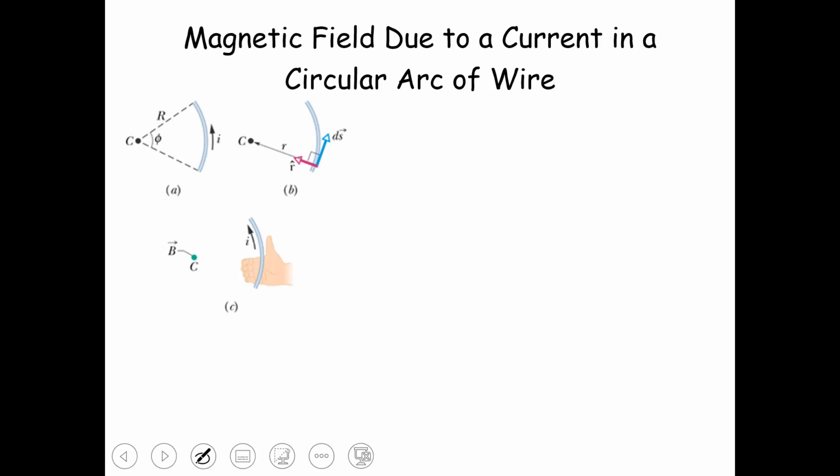This wire contains a current I, and from C, the center of the circular arc of the wire, the radius is big R, and the angle is this one, theta.